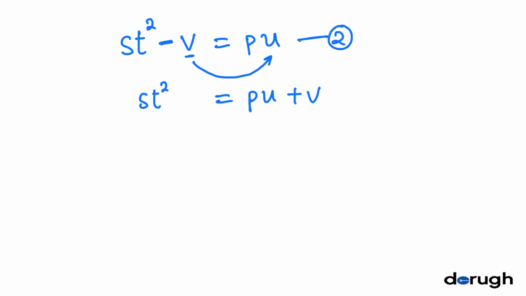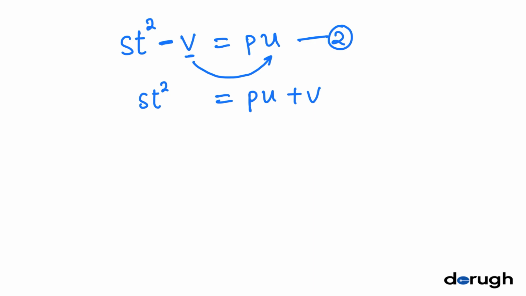The next step we need to take is we need to still separate whatever is being attached to T. Remember, we're working backwards, so we're moving the least attached element one after the other. So now between S and T square, S is not as attached to the T as the square is.